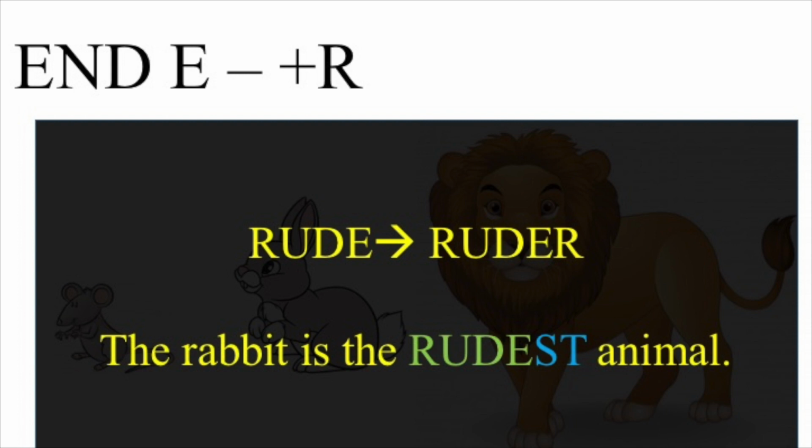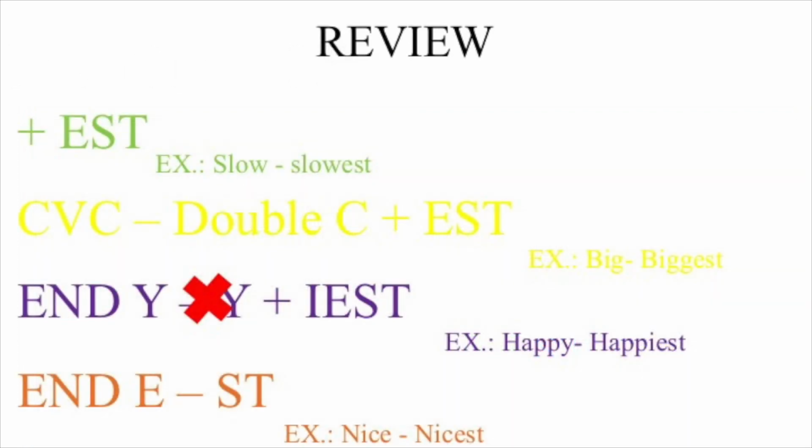Excellent, guys. Good pronunciation. The review: plus EST. Slow, slowest. If it's consonant or vowel consonant, we need the second consonant. Big, biggest. And then if it ends in Y, what do we do?